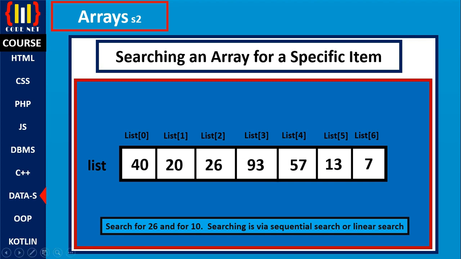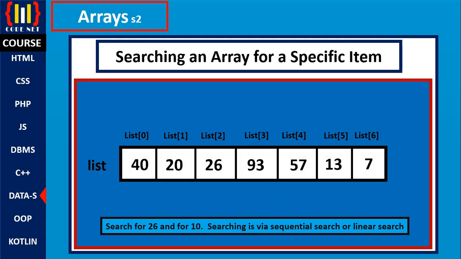So if we are told to search for 26, each and every index of the array will be checked to see if 26 does exist. If 26 exists, then the code that we implement to search for that specific item will terminate and return the actual index that's holding 26.